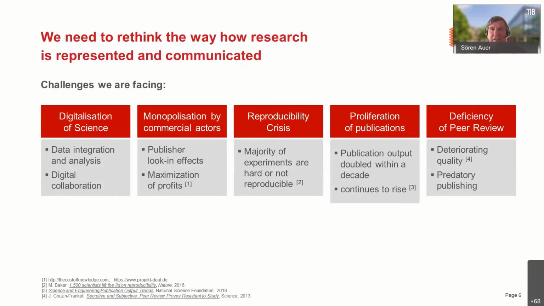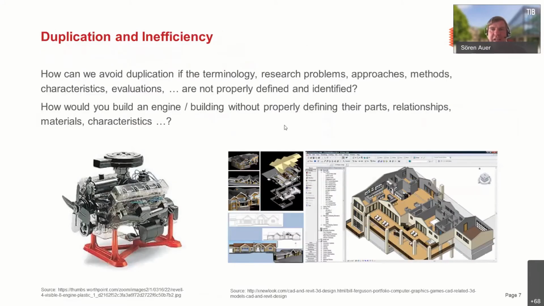So how can we change that, or what would we like to do? If you look also in other domains, for example, if you want to build an engine or a building, you need to identify the different parts very clearly to fit them together to a complex engineering artifact like an engine or a building.